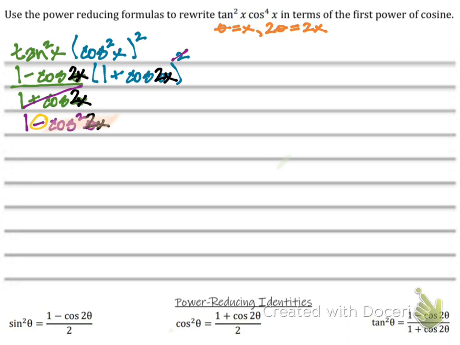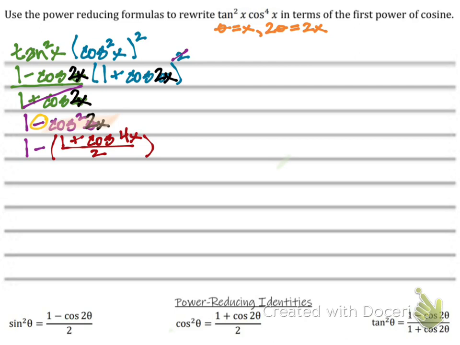So we are going to have 1 minus 1 plus cosine 4x over 2. Right?